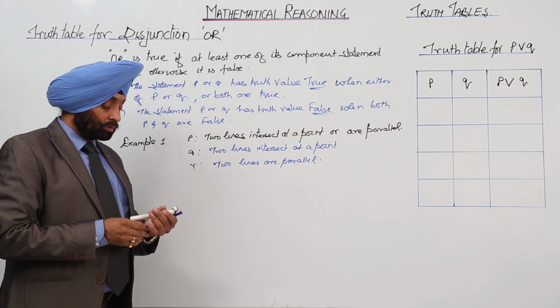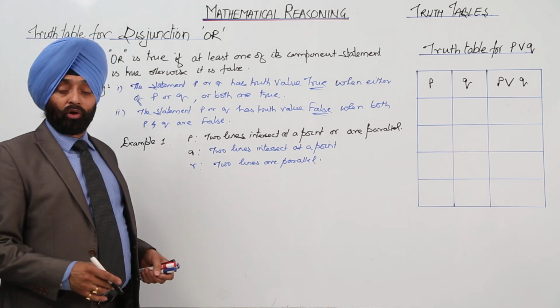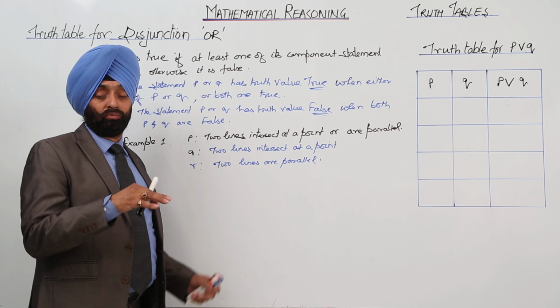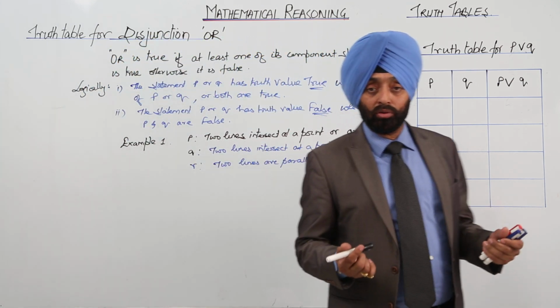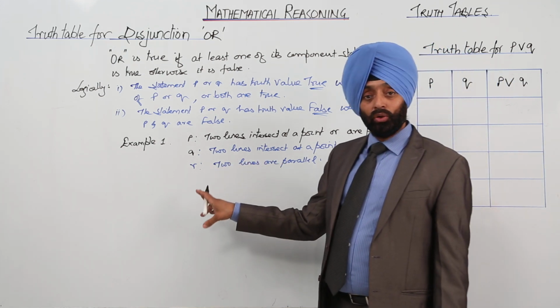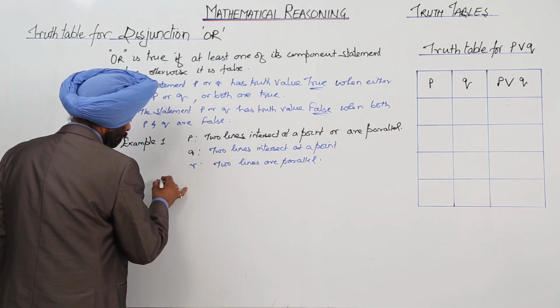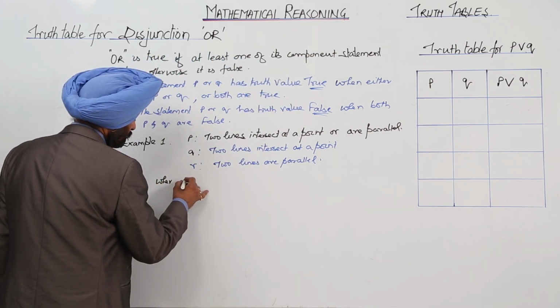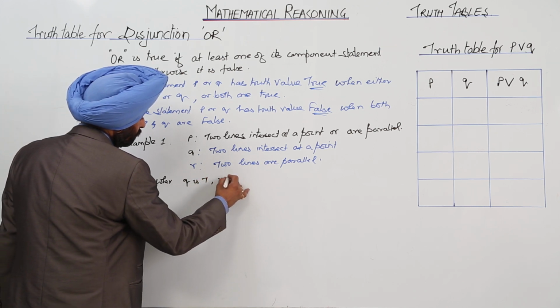Now what conclusion arises here? Two lines intersect at a point. Now two lines, they can intersect at a point, but the lines can be parallel also, okay. So we can say when Q is correct, R is false, okay. Now when Q is true, R is false.